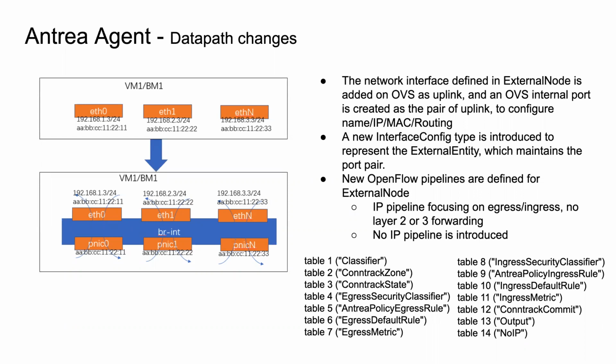And in the last table, we only output the packet to register 1, which was kept from the first table. So we don't need the layer 2 or layer 3 table to forward packets according to destination IP or destination MAC. We don't need this in the external node case. Understood. Thanks.